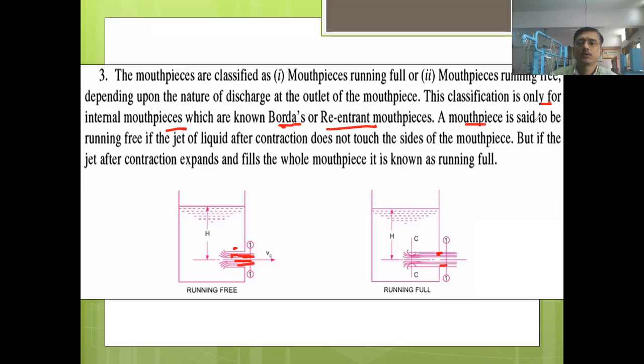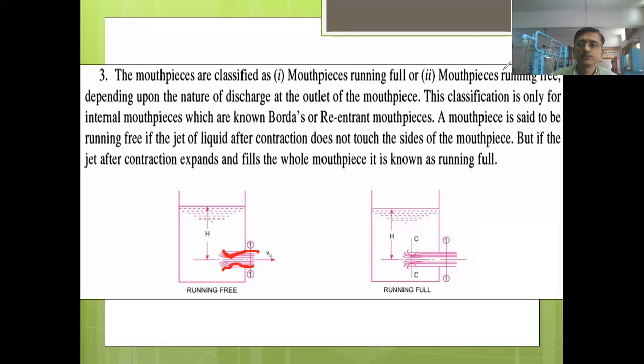Okay. The mouthpiece is said to be running free if the jet of liquid after contraction does not touch the sides of the mouthpiece. Okay, initially ज्यावेळेस पाणी आतमध्ये एंटर करेल, at that time this water is going to get contracted. Okay, असे थोडे कॉन्ट्रॅक्शन या ठिकाणी येतं. आणि जर आफ्टर कॉन्ट्रॅक्शन this water is touching again the walls of the mouthpiece, then it is called the running full mouthpiece.